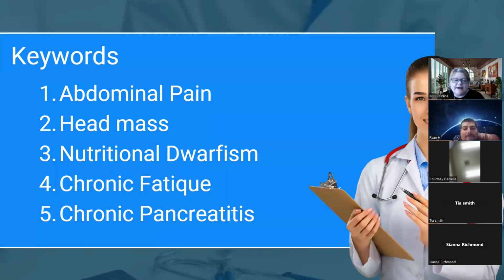All right, so nutritional dwarfism. Dwarfism. That's correct. Dwarfism is our condition, and there's different types of dwarfism. Chronic fatigue. Fatigue, correct. And chronic pancreatitis. Pancreatitis, that's correct. Those are your conditions and your illnesses. Those are the things you really want to hone in on first.